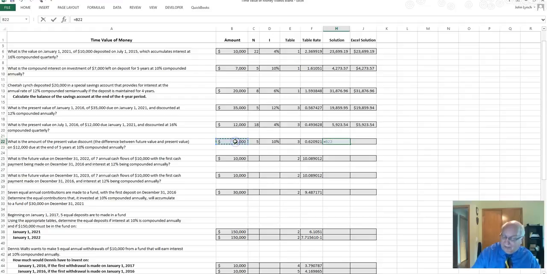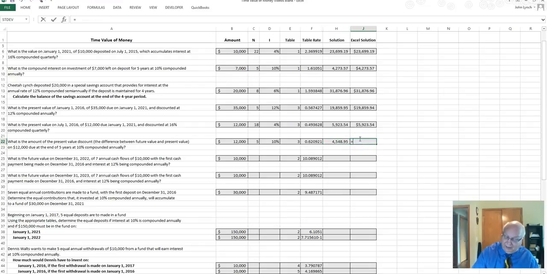Now, 12,000 times table 3, and you get 74. Okay, what happened here? Oh, because it says, what's the amount of the present value discount, the difference between the future value and the present value. So the future value is 12,000. Yeah, there's a difference. So you find the present value.